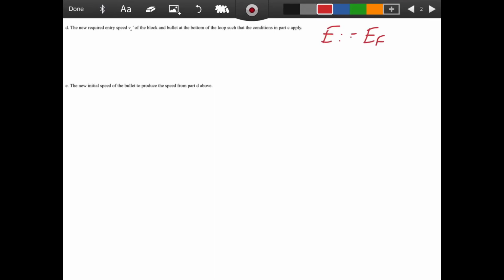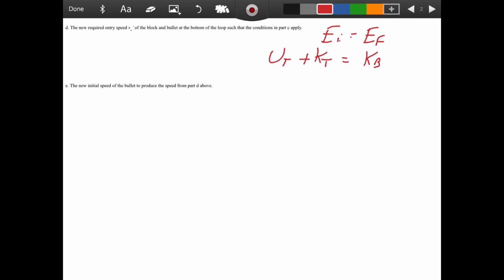Here we're going to start at the top and figure out what the speed at the bottom is. So at the top of the loop, we definitely have potential at the top, so we'll call it potential at the top plus kinetic at the top because it is moving equals, there's no potential at the bottom, so call it KB, kinetic at the bottom.